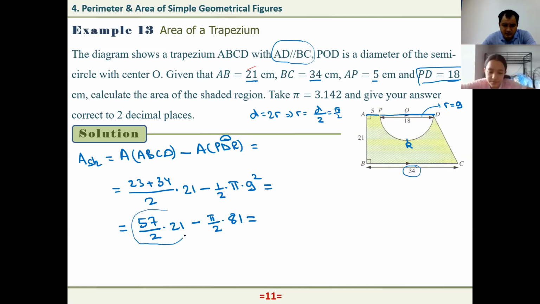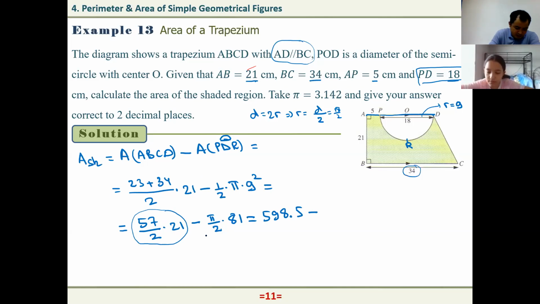What is this? Let's see. 57 times 21 and divided by 2. What is it? That is 598.5. All right, minus. Now evaluate this one.